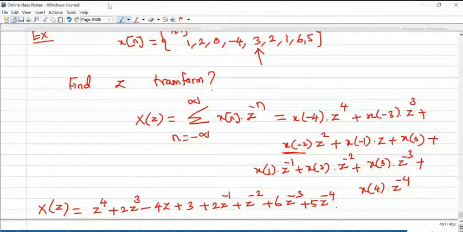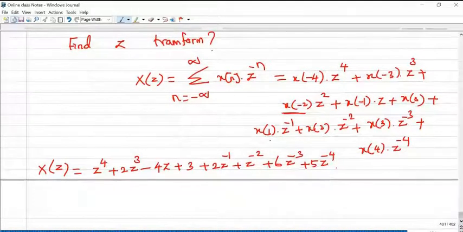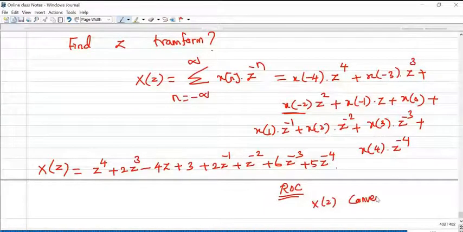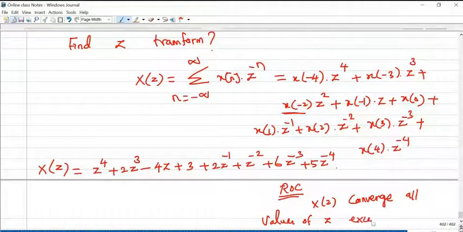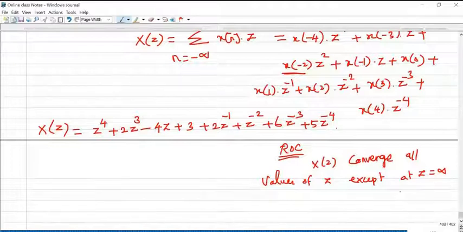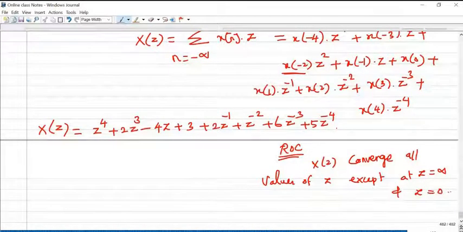Okay. To write the region of convergence for these kinds of problems, where the sequence is both sided, ROC: x of z converges for all values of z except at z equal to infinity and z equal to 0.